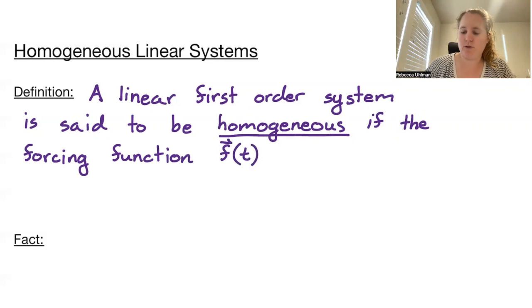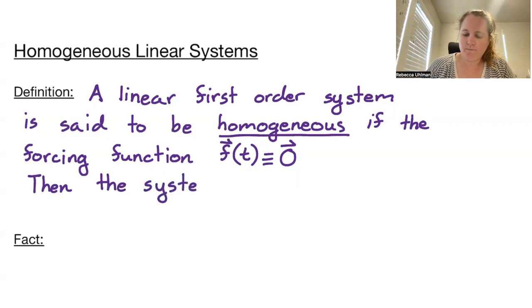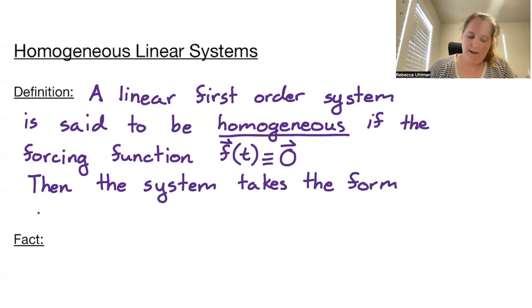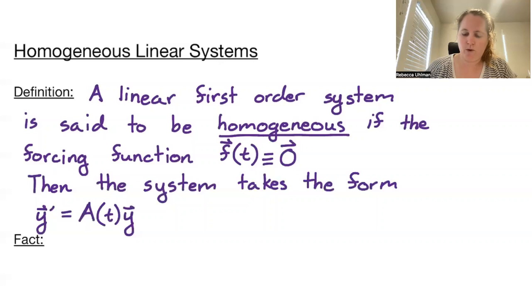So in other words, the forcing function is just identically the zero vector. Then the system takes the form y prime, again this is the vector y prime, is equal to A of t, where A is the coefficient matrix, times the vector function y.